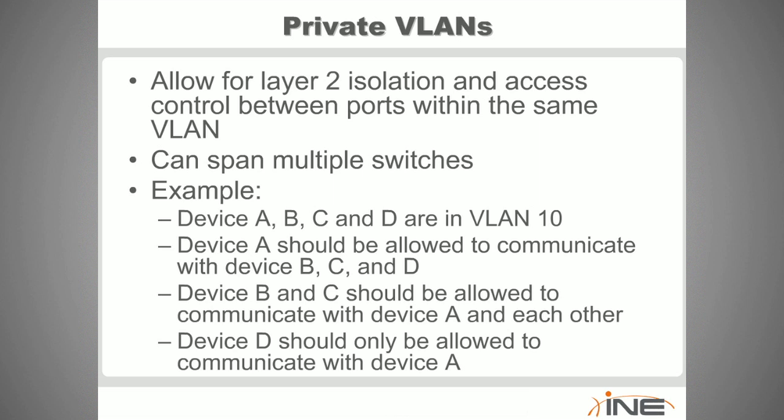It would have to go to the default gateway first. And that's the exact logic that private VLANs are trying to accomplish here. So we're taking a regular access VLAN that would normally span a single subnet, and we're breaking it into smaller VLANs in which we can control exactly what ports can talk to each other.